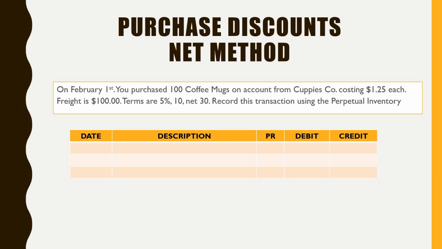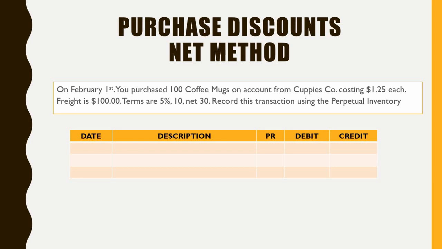213 is not what I got. Hold on a minute, then let me check. 220. That's a little too over. Oh, there we go. Oh, wait, we're still not discounting on freight, correct?